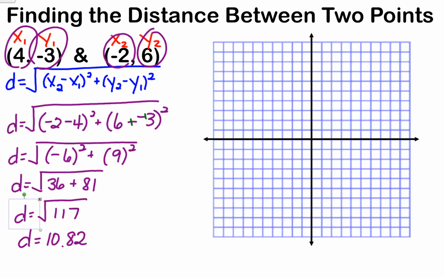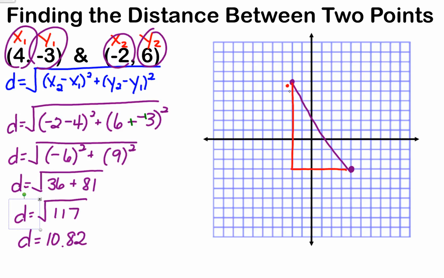Okay, so now let's try it using the Pythagorean theorem. I'm going to graph those points, 4, -3 and -2, 6. I'll graph the line that goes between them. Then I'm going to turn it into a right triangle.